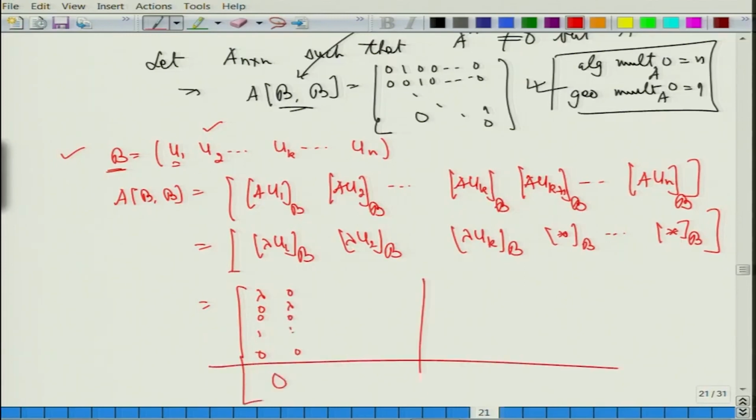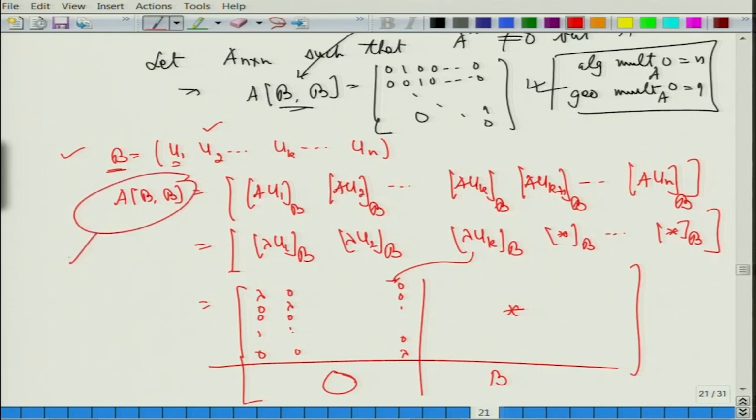So whole 0 here. Similarly, this uk will give me 0 0 0 and lambda here, fine. So this whole thing is 0 for me. I do not know what I have, but it is some matrix B, and therefore you can see that either you write like this or you write it as P star AP. The two ideas are same.